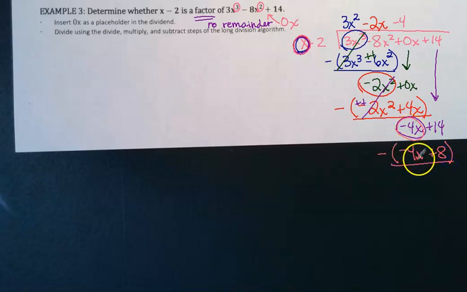Negative 4x minus negative 4x is plus a positive, so negative 4x plus 4x cancels. 14 minus 8 leaves me with 6. I don't have anything else to bring down, so this is a remainder. I'm going to have 3x squared minus 2x minus 4, remainder 6.